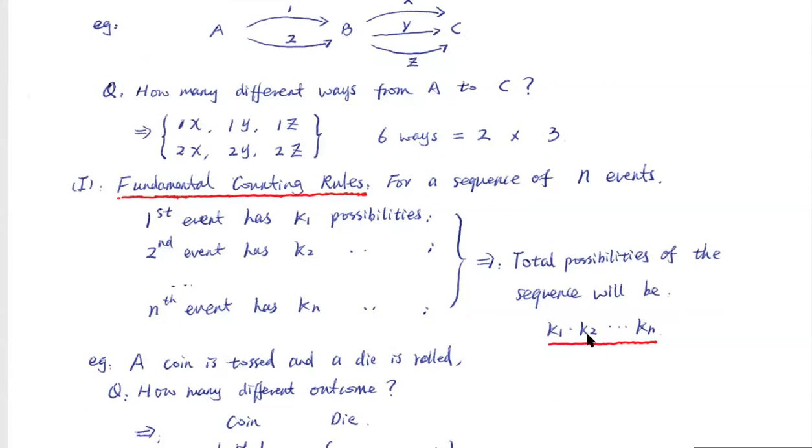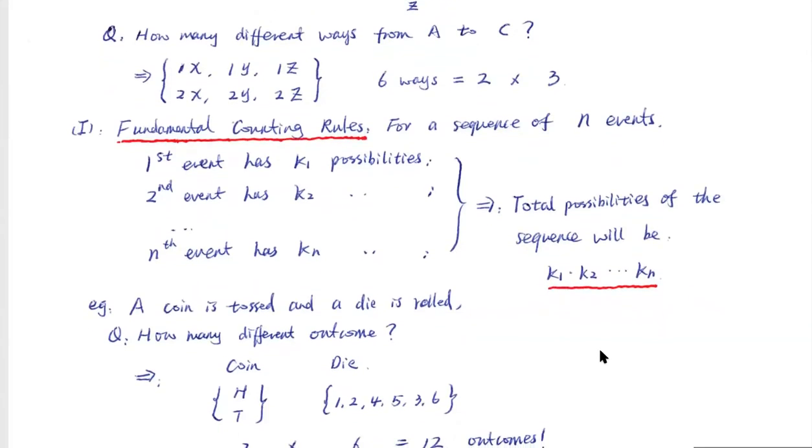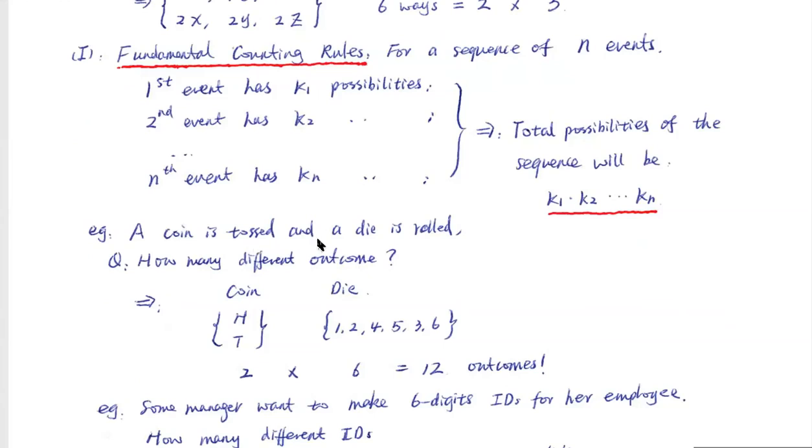No fancy complex calculation yet. Let's use some examples to help us understand better. If I toss a coin and I roll a die, how many different outcomes can we get? In terms of the coin, how many possible outcomes do we have? We have 2, head or tail.